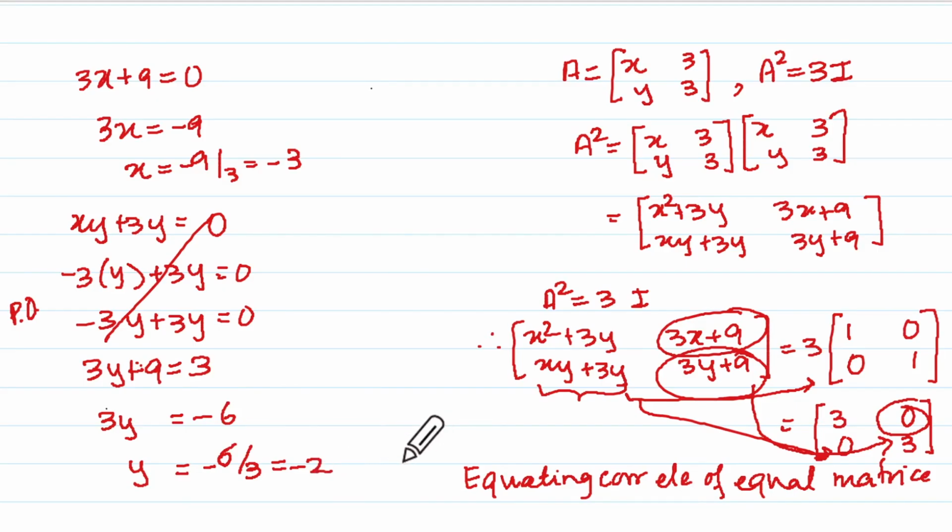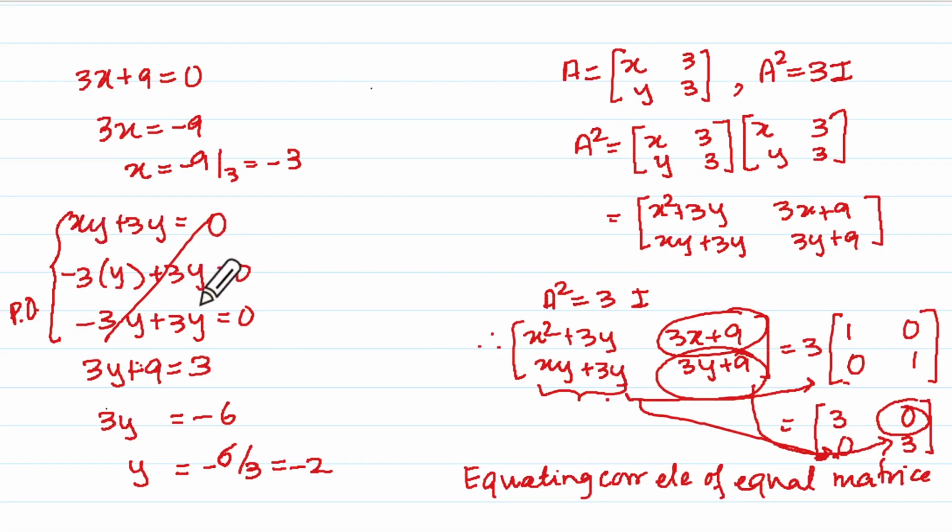Very good. Did you see how they tricked over here? From x squared plus 3y, you could have taken that also. But when I took this 0 over here, I got tricked.